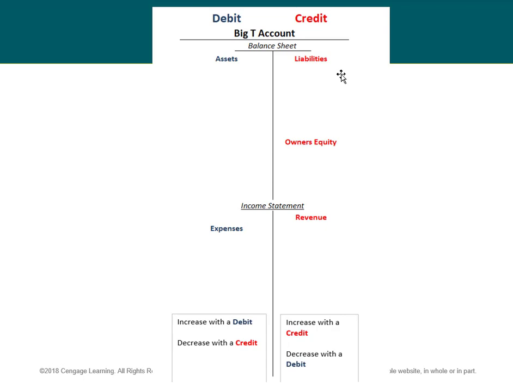Now on the credit side, your liabilities, equity, and revenue all increase with credits. I put revenues on the same side as owner's equity because revenue increases owner's equity. Now this helps some people, doesn't help everyone, so you can decide what you want to do with it. So let's go through some transactions here.